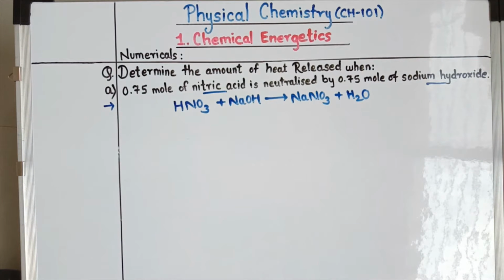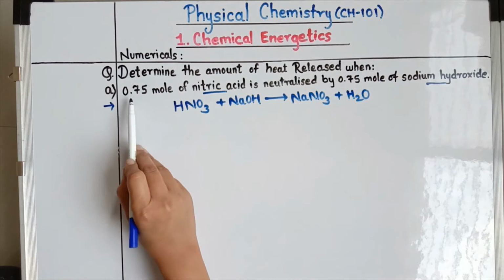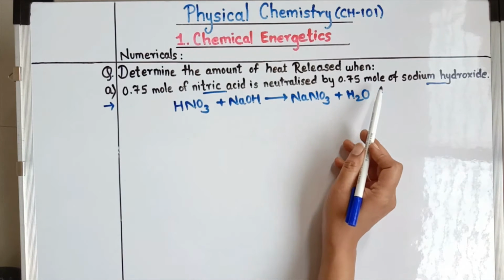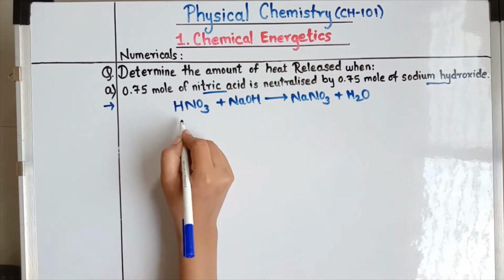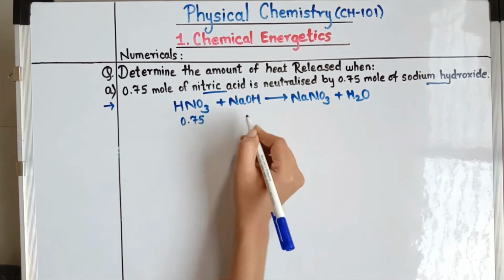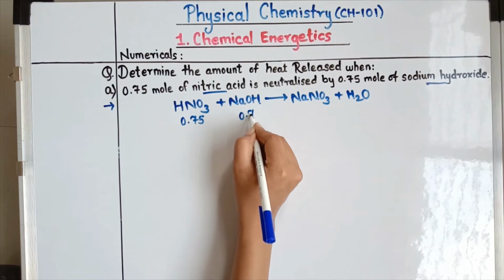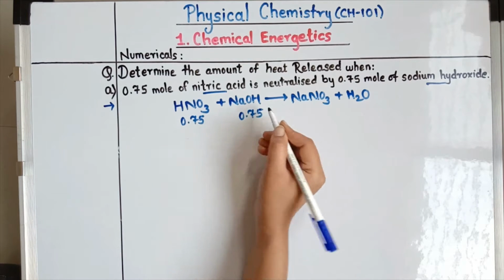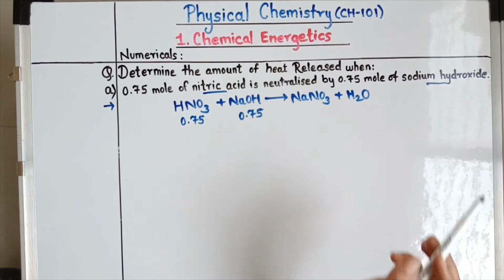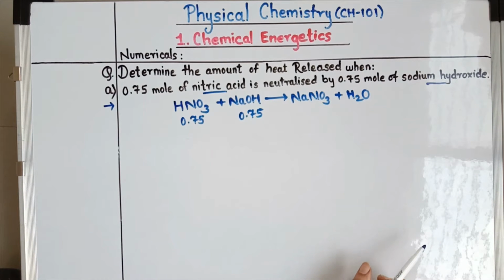Another thing given is 0.75 moles of nitric acid and 0.75 moles of sodium hydroxide. Now, what you have to find? You have to find the heat released during this neutralization reaction.